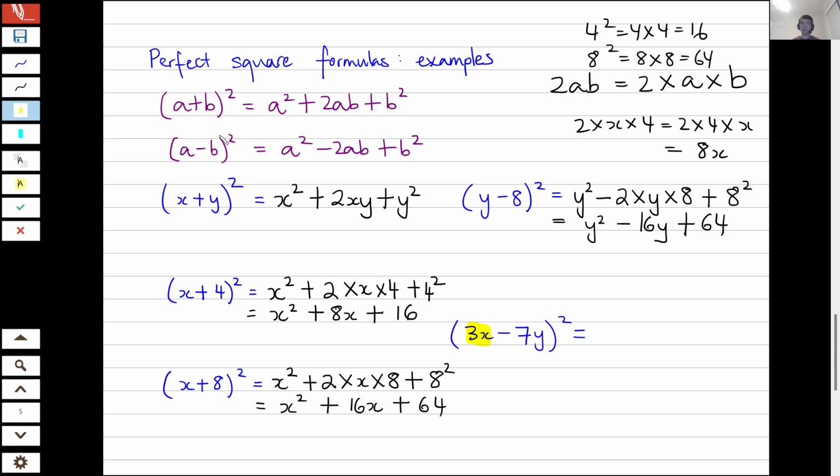So this time, a is going to be 3x, and b is going to be 7y. Wherever I see a, I'll put 3x. Wherever I see b, I'll put 7y.